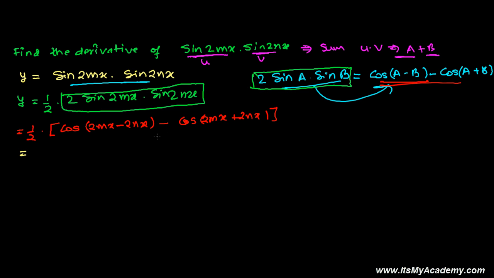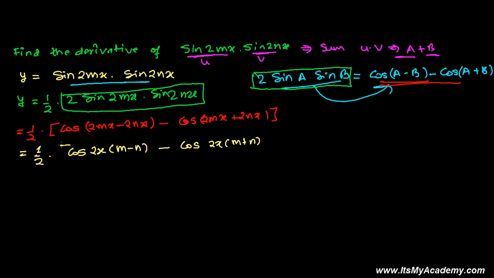Now I can write one by two, cos(2mx minus 2nx). I can take 2x common, so it will be 2x(m minus n), and minus cos, again taking 2x common, 2x(m plus n).